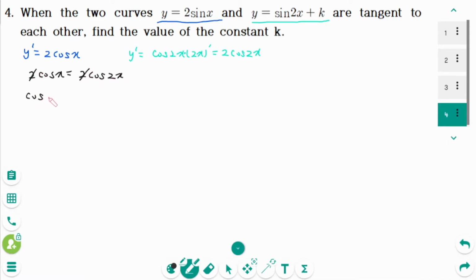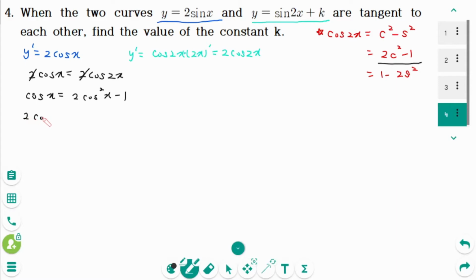Then cosine x equals cosine 2x, which equals cosine squared minus sine squared, or 2 cosine squared minus 1, or 1 minus 2 sine squared. We have to choose this one because it's only in terms of cosine x. Then back to the original, cosine x equals 2 cosine squared x minus 1.